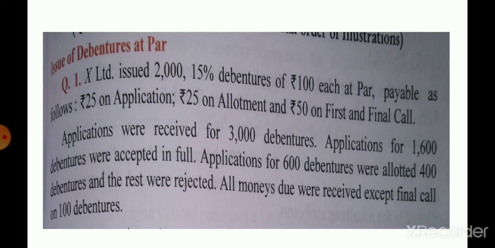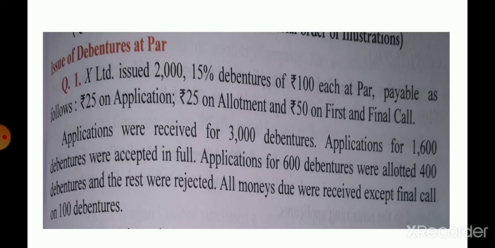Applications were received for 3000 debentures. Applications for 1600 debentures were accepted in full, and applications for 600 debentures were allotted only 400 debentures, and the rest were rejected. The money due was received except the final call on 100 debentures. So this is the first question.